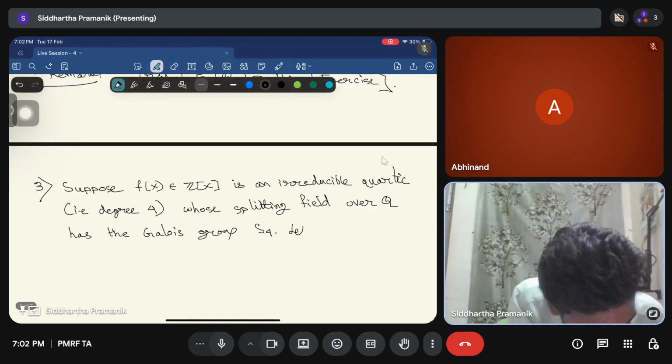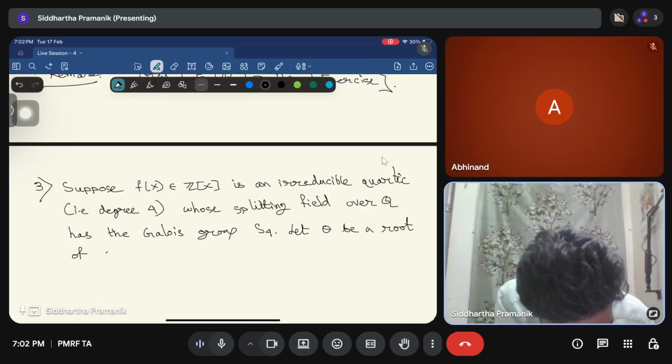So let theta be a root of this polynomial f(x) in that splitting field, and let K be the field Q adjoin theta.